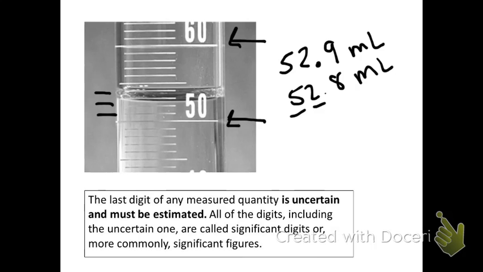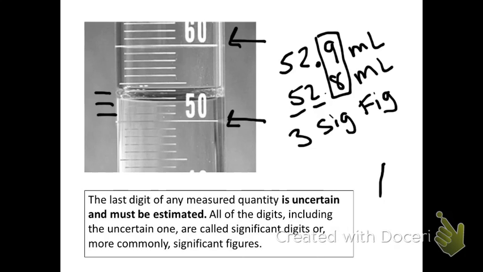But again, that last digit is going to be our estimated digit, and so we may not agree on that. And that's okay, because that's what significant figures is all about. It includes all our certain ones plus our 1 estimated digit. So again, how many significant figures can our measurement have? Well, that would be 3 sig figs again.